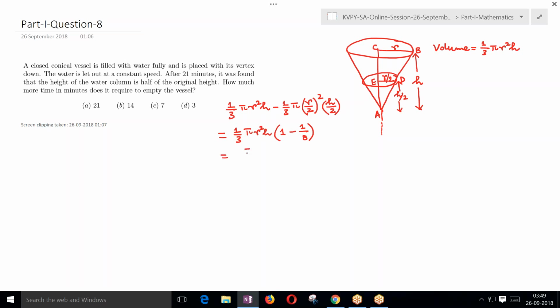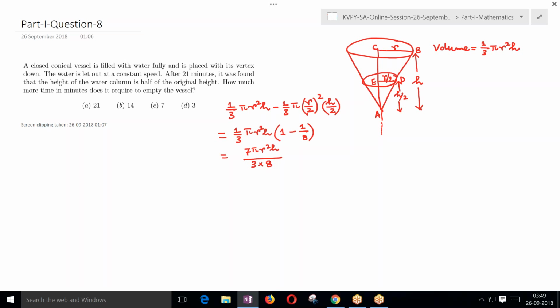So that is equal to 7 pi r square h divided by 3 into 8. So that much water has flowed out of this conical vessel in 21 minutes.